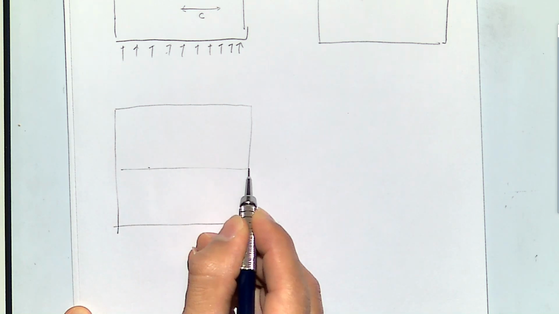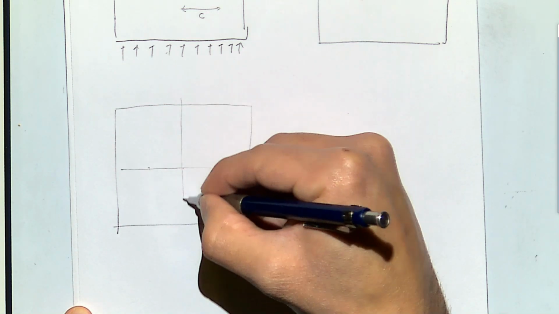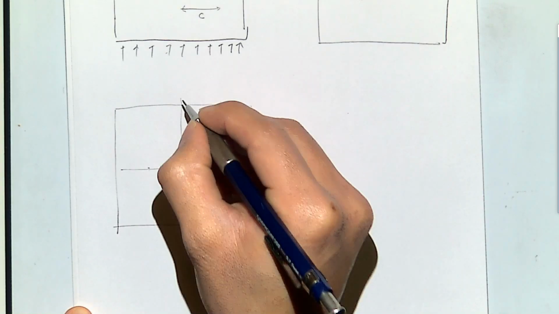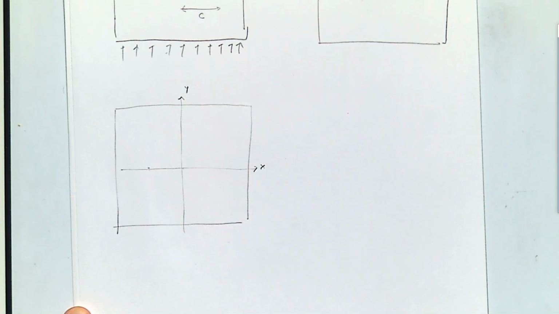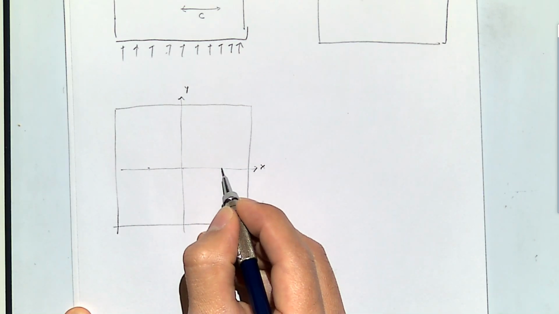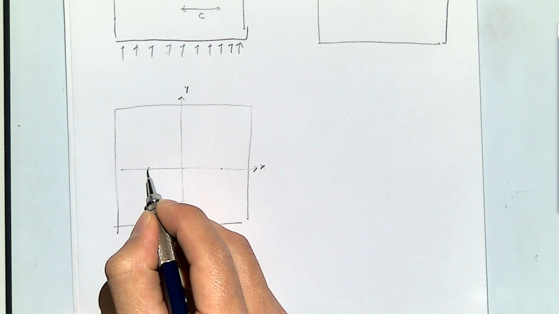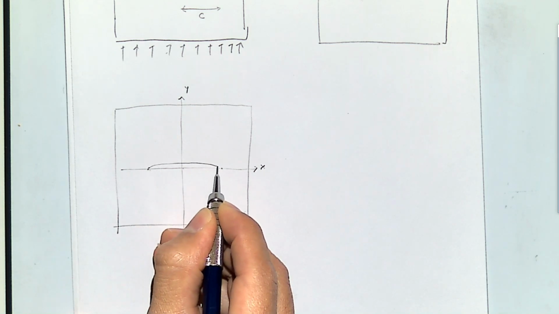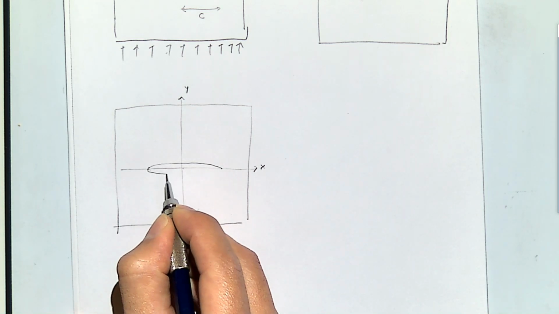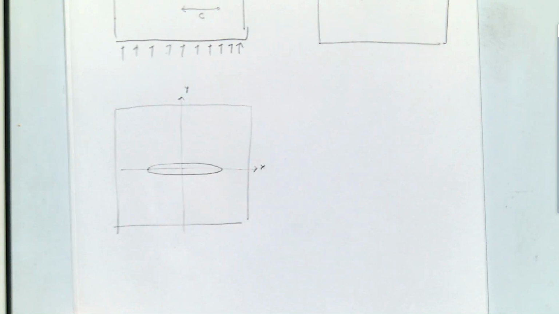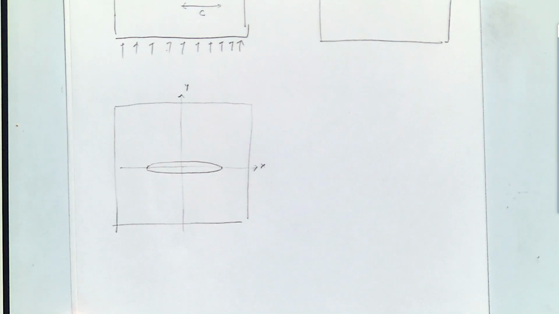Let me do this before. We're going to start using some coordinates. I'm going to use here x, y. And this linear fracture with fracture tips somewhere over there, once I have a positive net pressure, is going to open. And as it opens, we're going to see in a bit that the mathematical solution tells you that this is going to look like an ellipse when it is open.